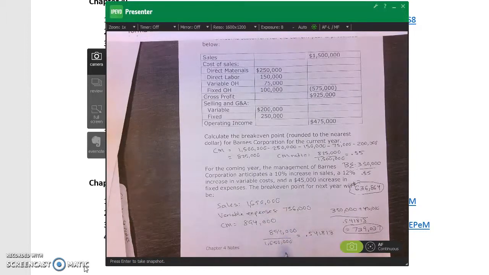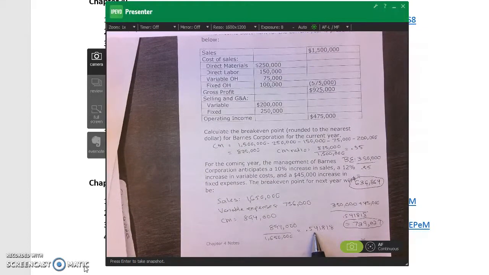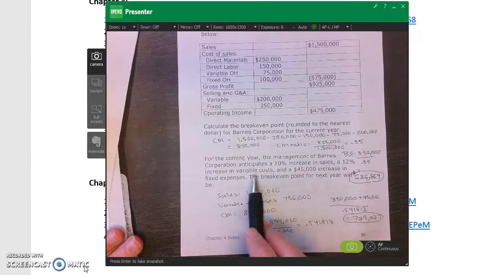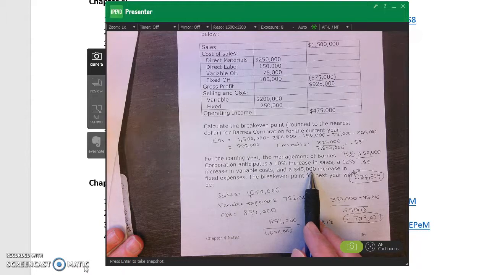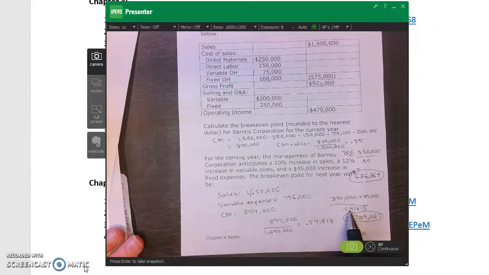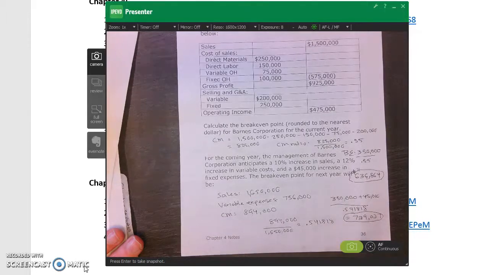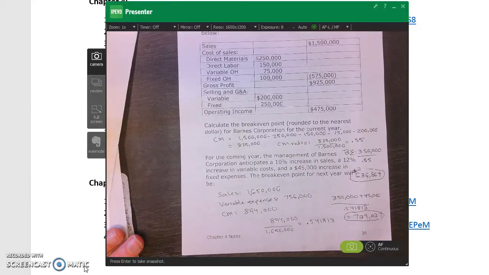And I divide that by 1.650, and I get my 0.5418 contribution margin ratio. I take my 350, plus my increase in fixed expenses, divided by my CM ratio, which gives me 729,027. That's my break-even point in terms of sales dollars. My break-even point in terms of sales dollars up here was the 636.